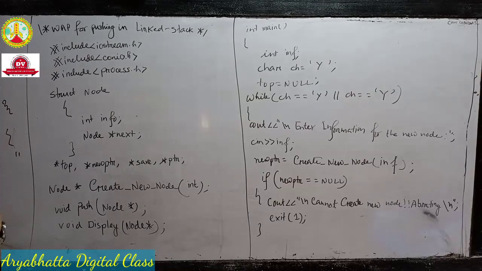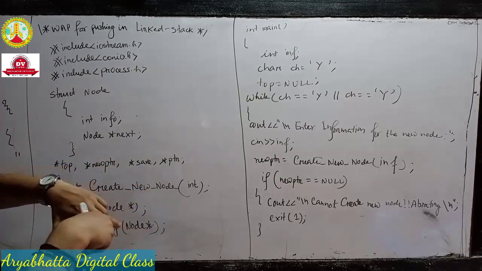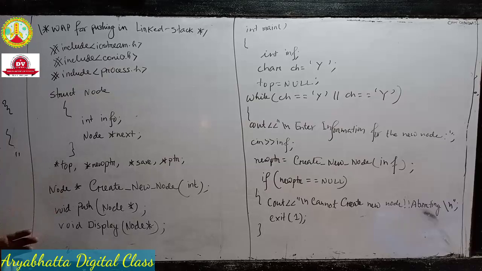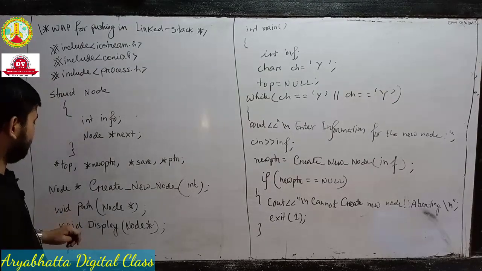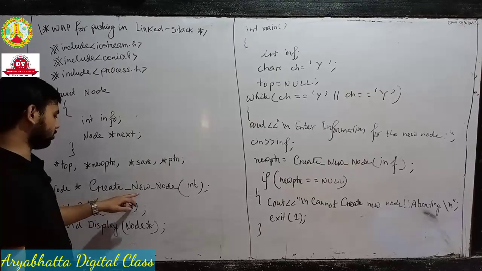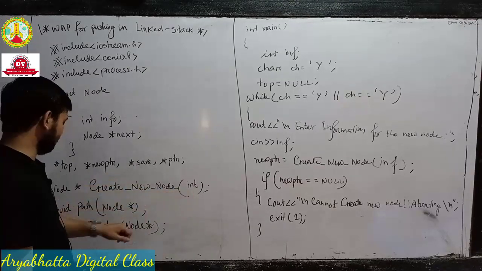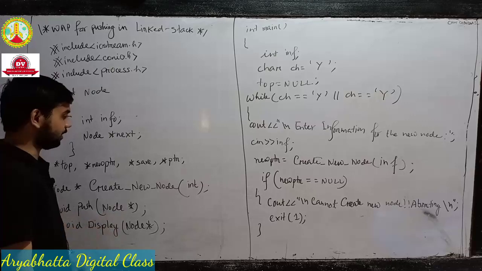And this is the part top, for the top position, new ptr for creation of new node, save we use for when insertion operation is happening, and pointer. These are the member functions. We use create underscore new node, argument is int, push and display.